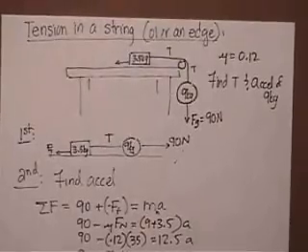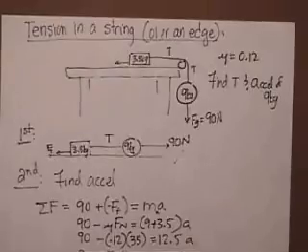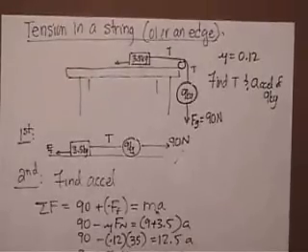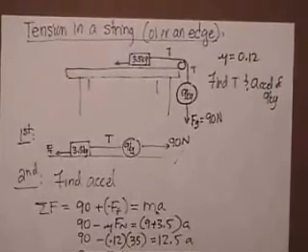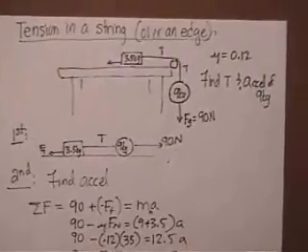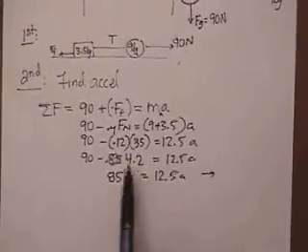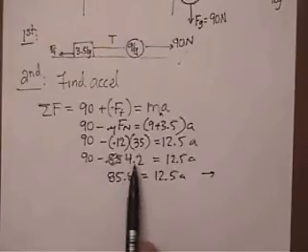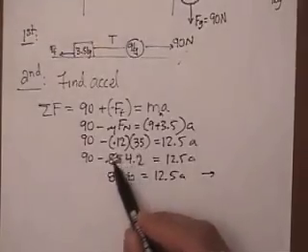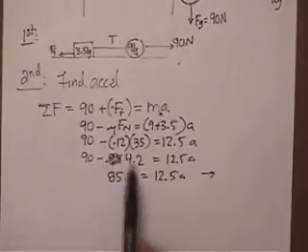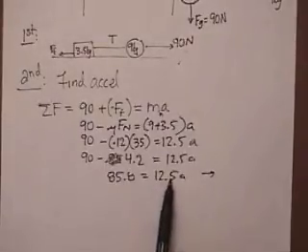So 90 subtract 4.2 is 85.8. So that's going to be 85.8 equals 12.5a. So I don't know if you saw that. 90 subtract 4.2, which is 85.8, equals 12.5a.